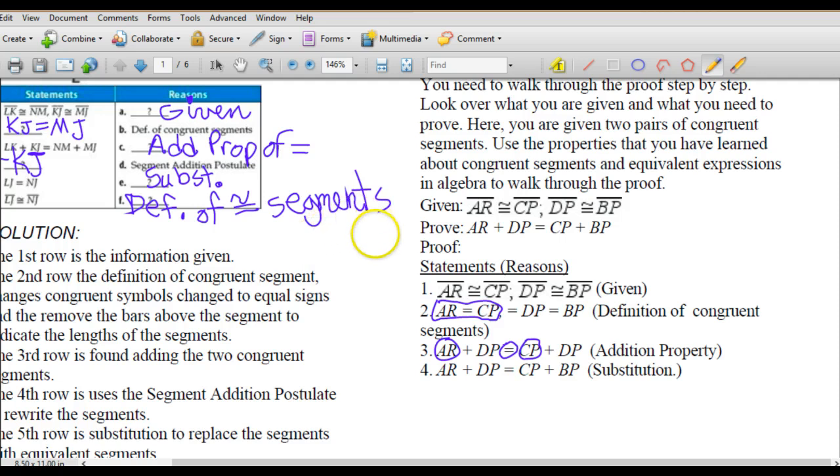So I'm adding the same thing to both sides of an equation, which the addition property of equality allows me to do. It's like taking an equation x minus 2 equals 5, and to solve it you add 2 to both sides. So you add 2 to both sides of the equation to get a new equation.